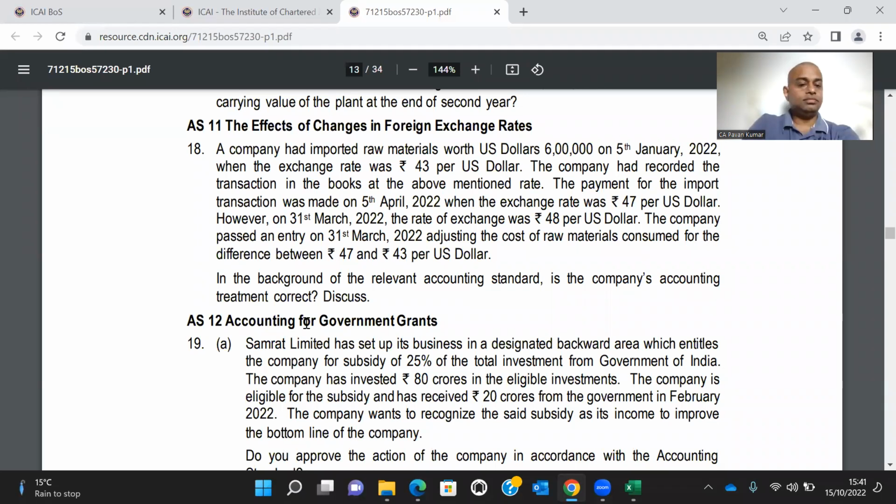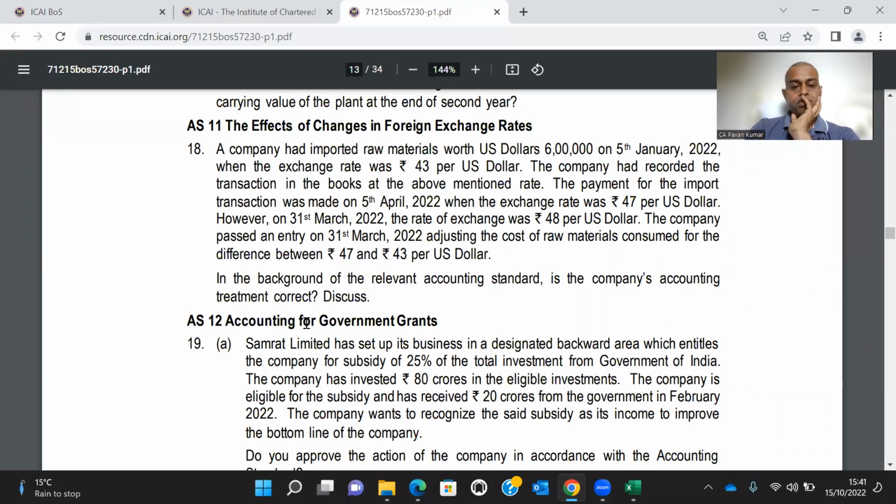A company had imported raw materials worth US$ 6 lakh on 5th January 2022 when the exchange rate was ₹43 per $. The company had recorded the transaction in the books at the above mentioned rate.